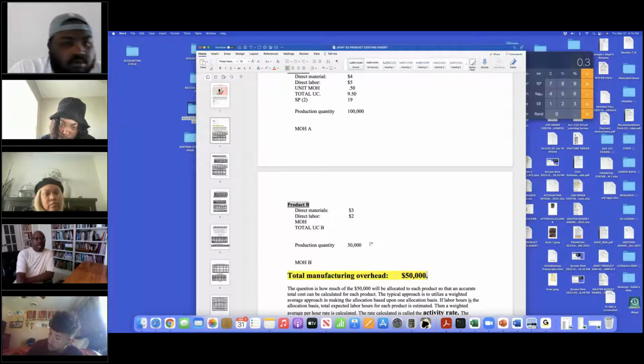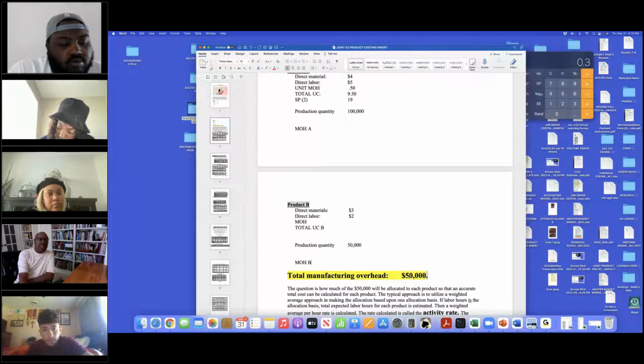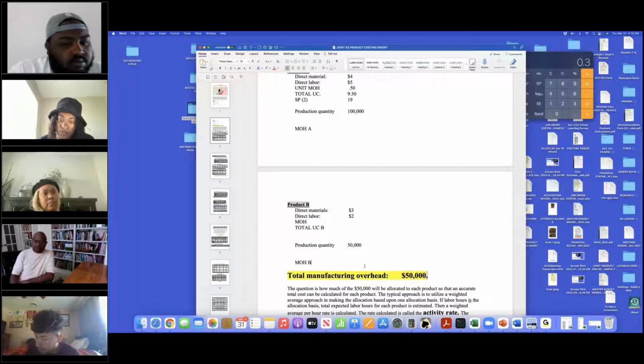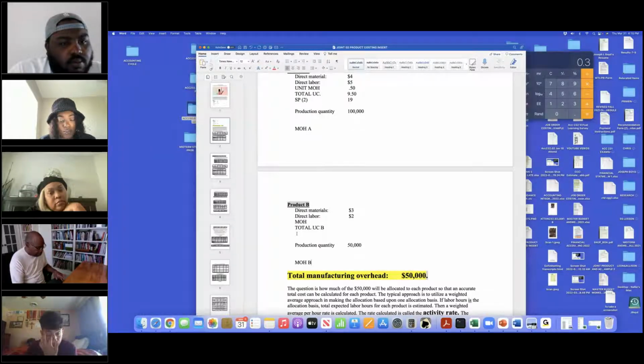We have to get this 50,000, have some of it for A and follow the same process to get the unit cost. Then we have to have some of this 50,000 for B. Does everyone see that? It's 50,000. We put some in here for A, then some in here for B, and then we go through the same process. And I think the selling price multiple for B is 3. So does everybody see what we're trying to do?